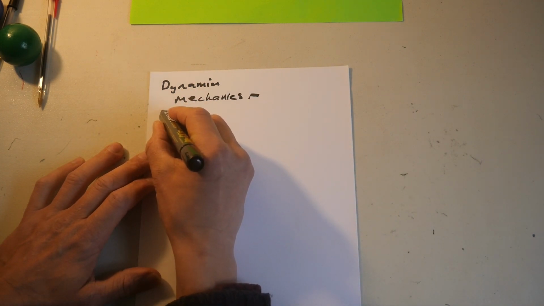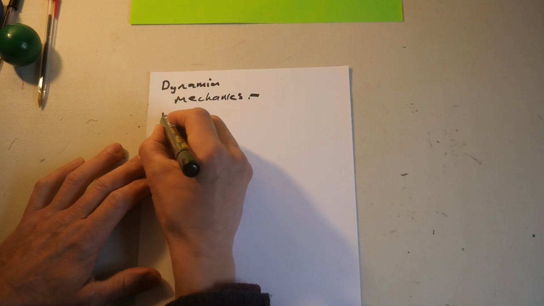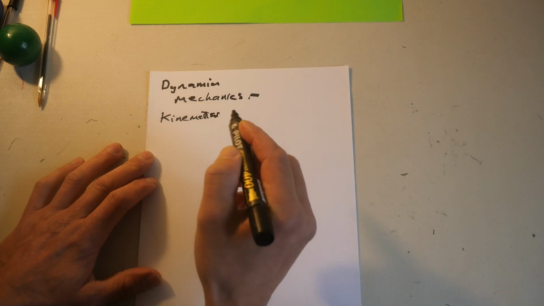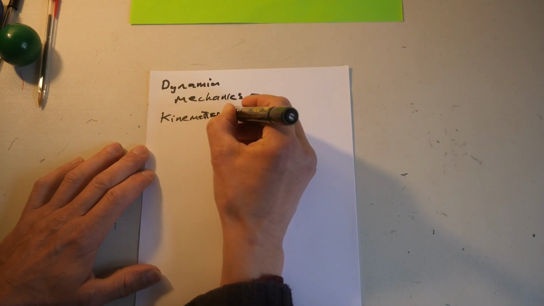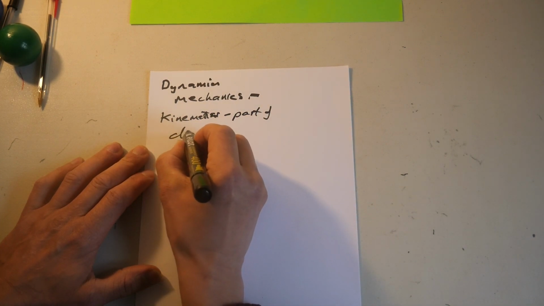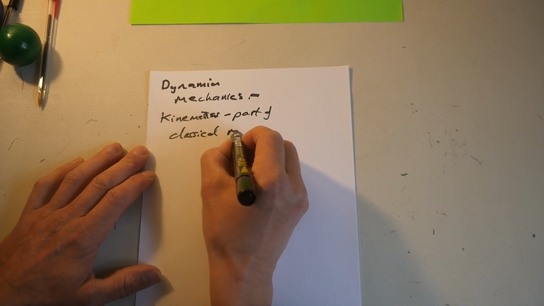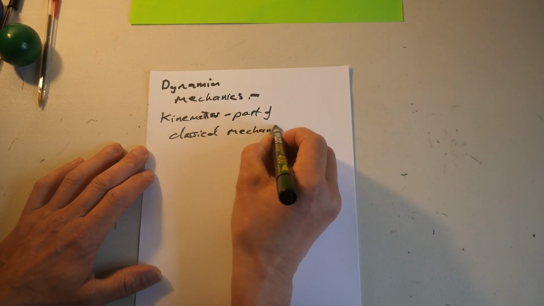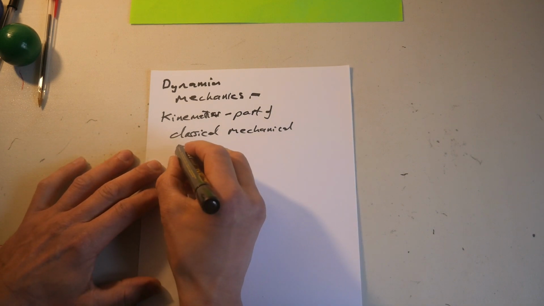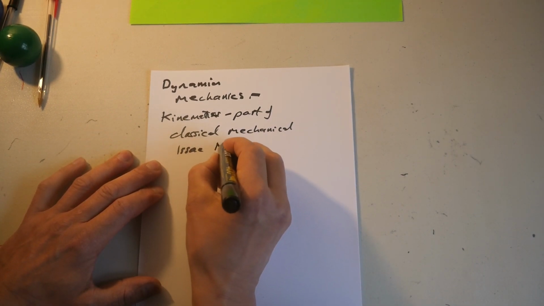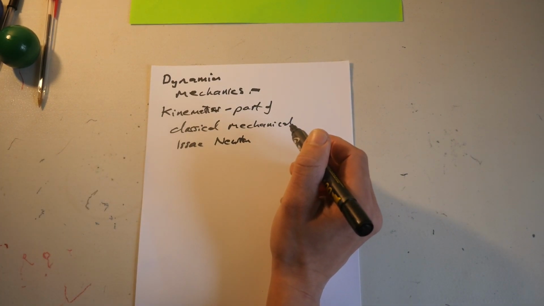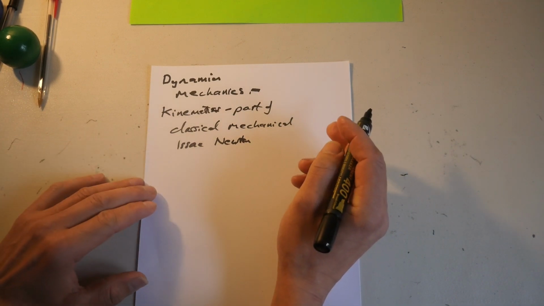And then kinematics, so this is part of classical mechanics, which is what Isaac Newton came up with, okay? It's what he discovered, the laws of motion, 3 laws of motion and gravity, and everything that's built off that.